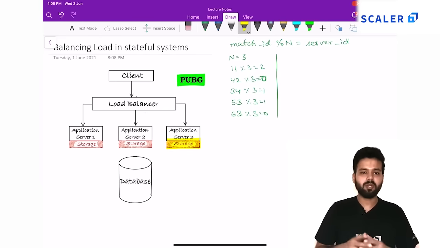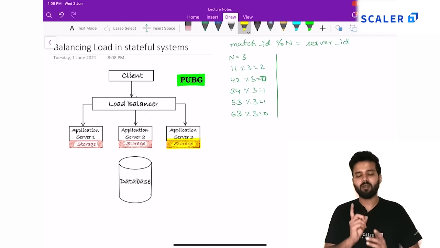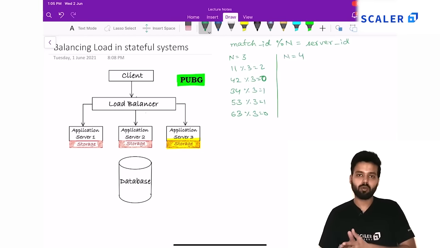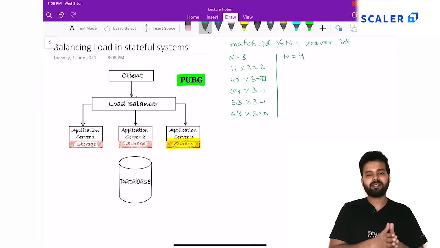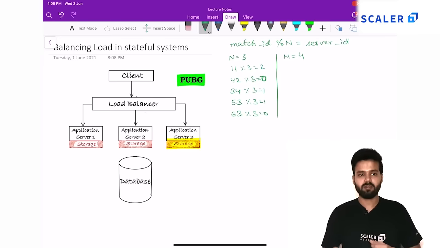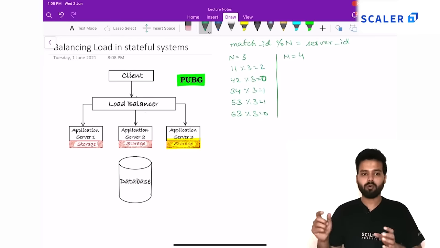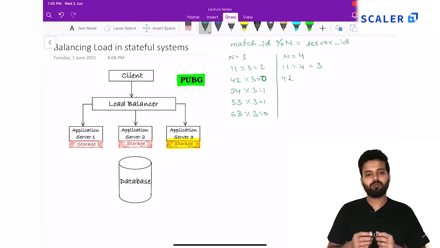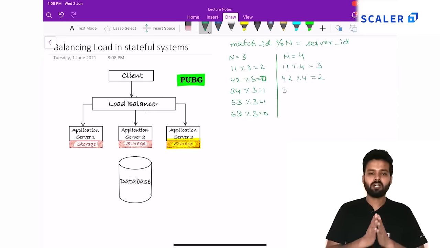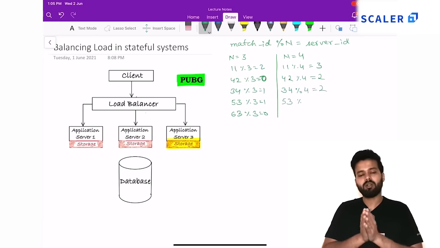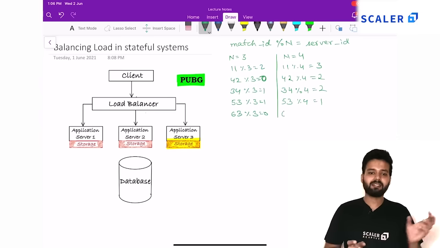Let's dig a little deeper to find out what will happen if we add 1 more server. Now my number of servers, n, becomes 4. So let's consider all the match IDs that I took in the previous case where n was equal to 3. Now 11 mod 4 becomes 3, 42 mod 4 becomes 2, 34 mod 4 is again 2, 53 mod 4 is 1 and 63 mod 4 is 3.